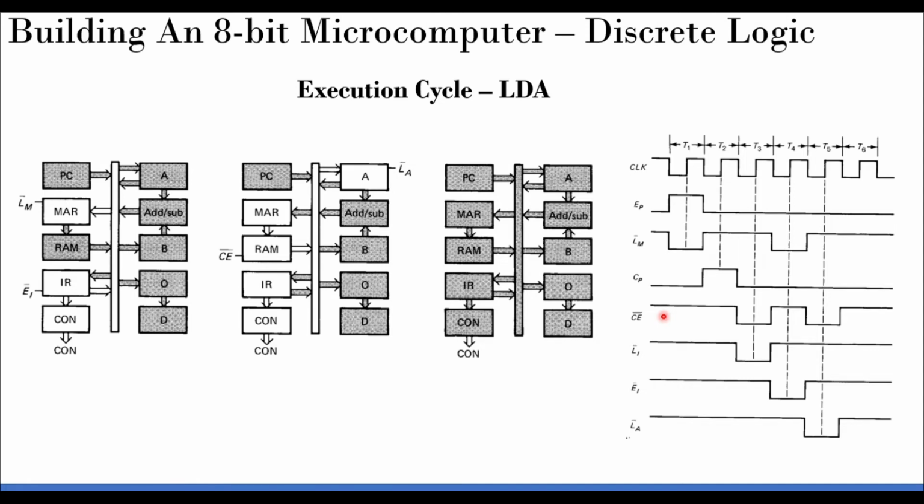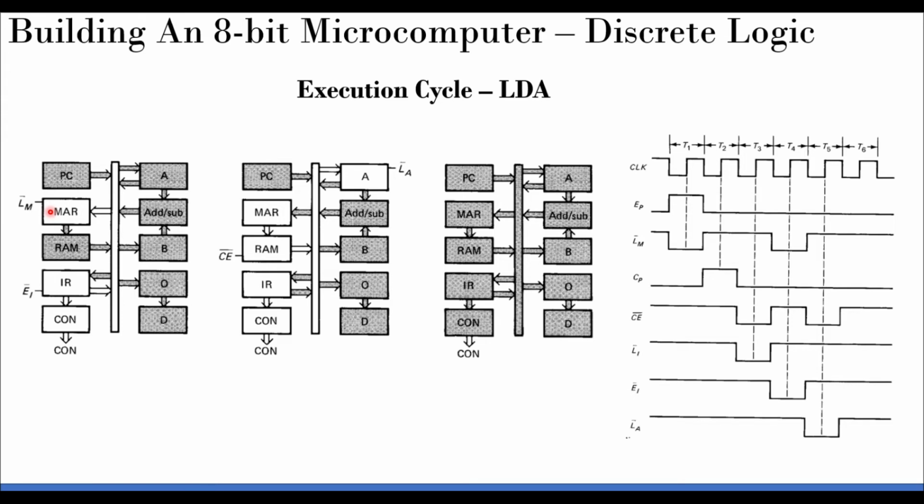I think something is wrong in this instruction, because it has to be the other way. Okay, but let's ignore it, it doesn't matter. The state diagram, you already know what it looks like, right? So in this particular case your LM has to go low, EI has to go low, and then only this operation will happen. In this case your CE has to go low. Okay, so that's how it happens.